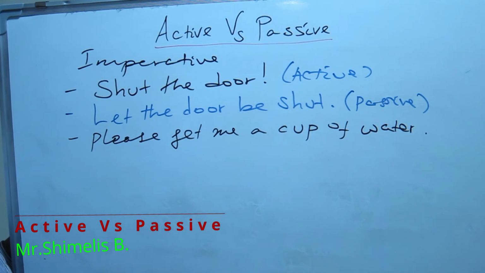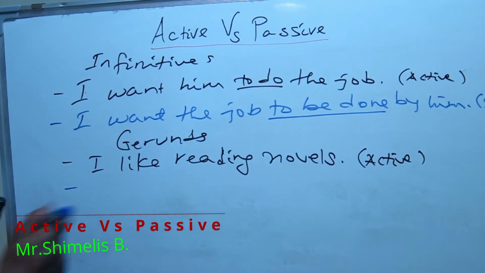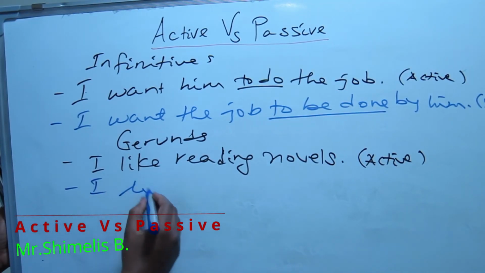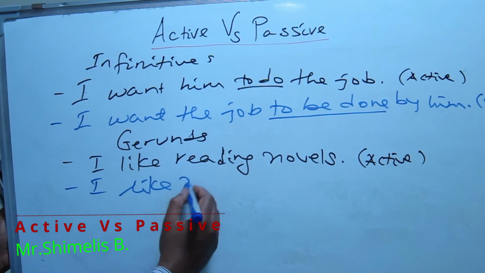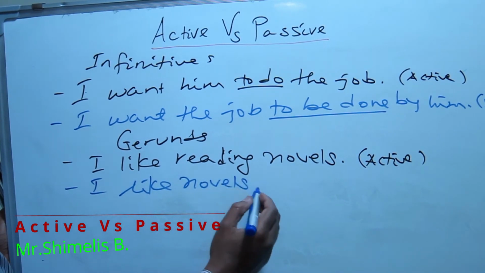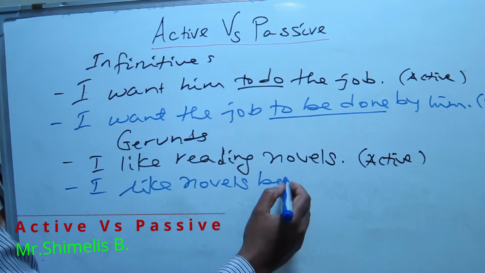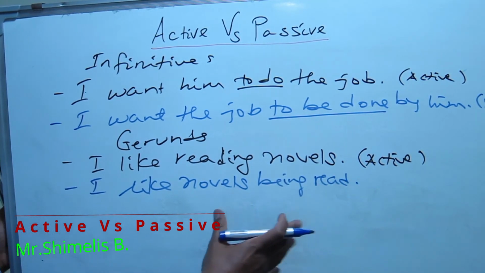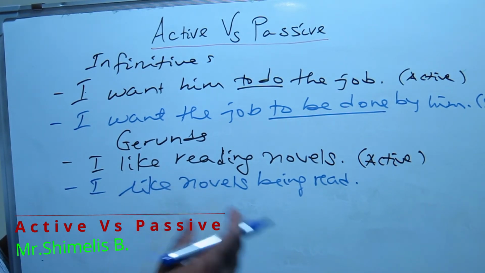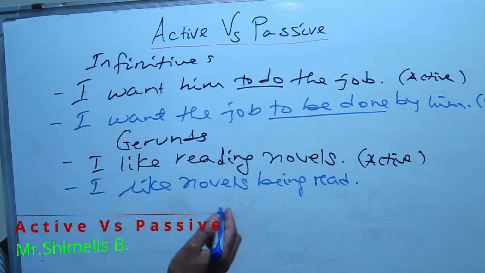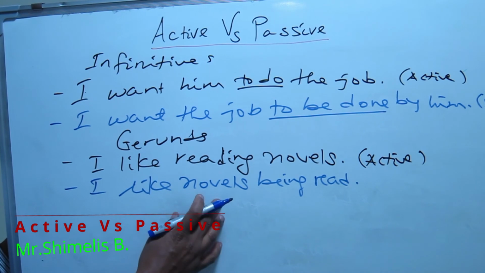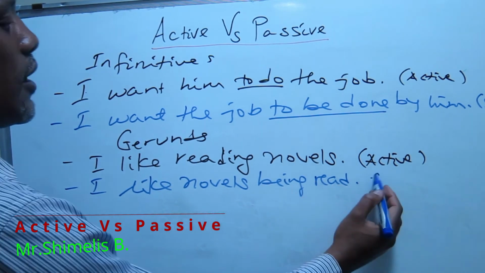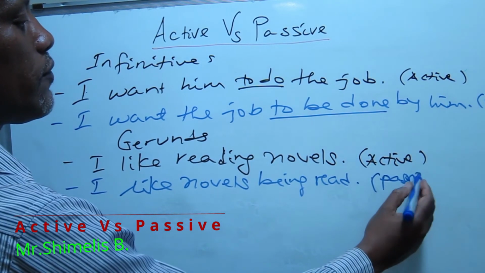Please get me a cup of water. I like novels being read. It's almost the same as we change progressive or continuous tenses. So I like novels being read. That is the passive form.